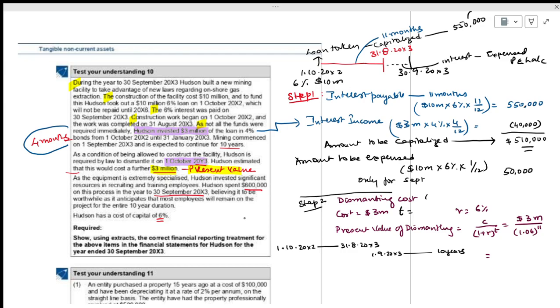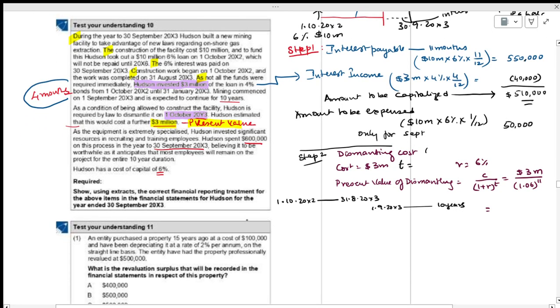Now what happens? We have a dismantling cost. What will the total life be? From 1st October 2002 till 31st August, it is commencing from 1st September, and it will be there for the next 10 years.